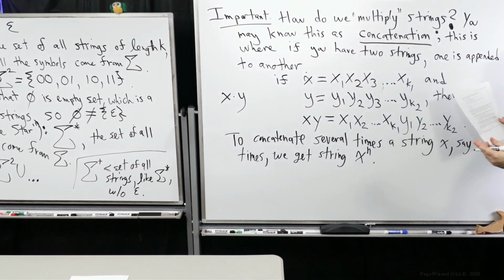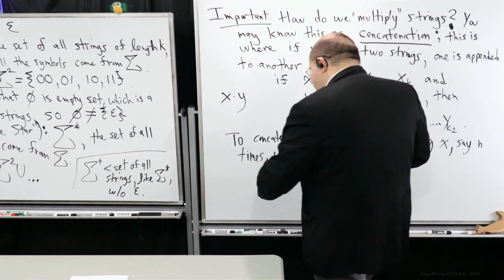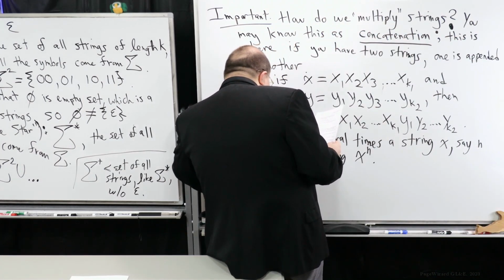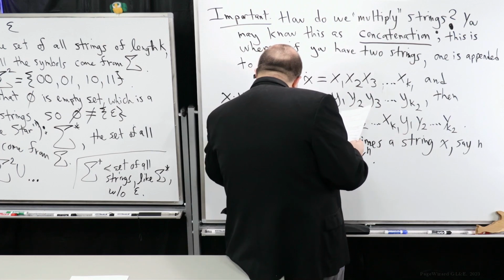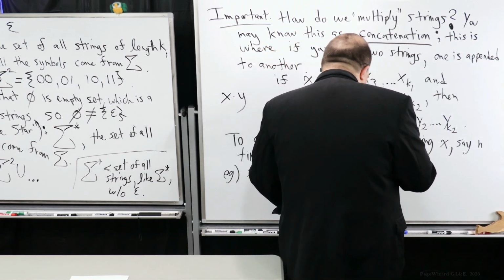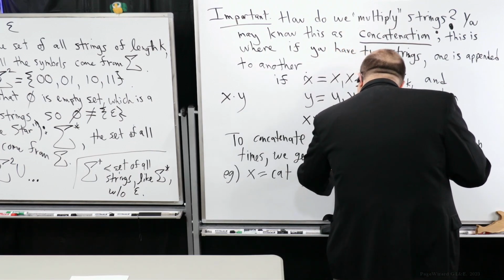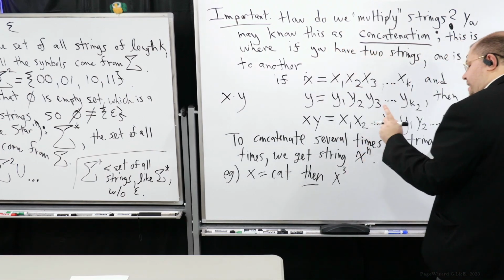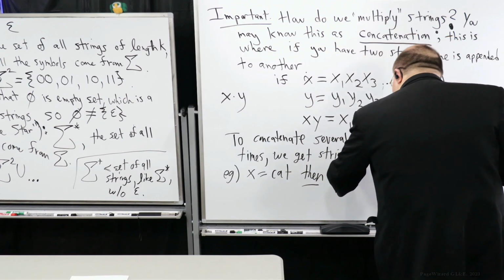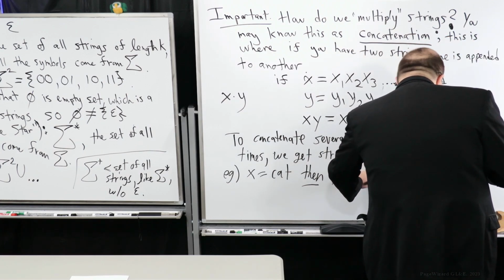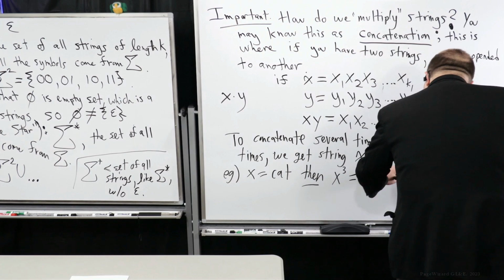Just as an example, to illustrate this, if x is equal to the string cat, then x cubed is the same as writing out cat 3 times, because I raised it to 3. So this is cat, cat, cat.